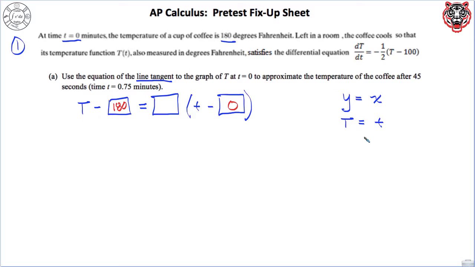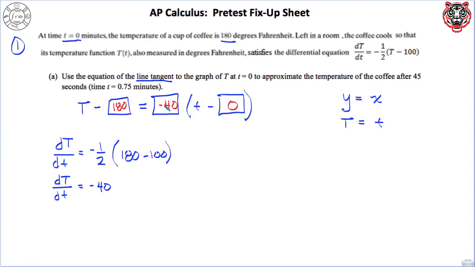When we plug in our capital T, we know that capital T is 180 degrees Fahrenheit, so we can plug that in here and we get that dT/dt, our slope, is equal to -1/2 times, and our capital T in this case is 180, so I'm subbing in 180 minus 100, and simplifying this is going to be 80, and then half of 80 is 40, so this is going to equal -40 for our rate of change with respect to time, which means we have our slope. We have our slope as -40.